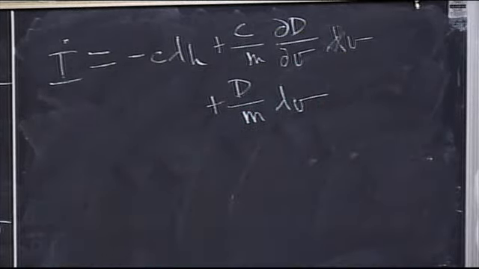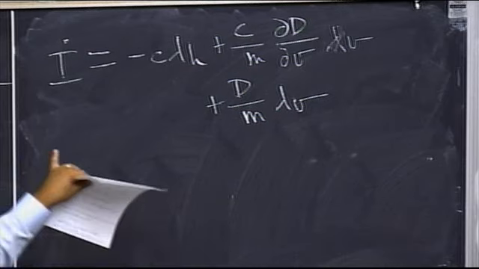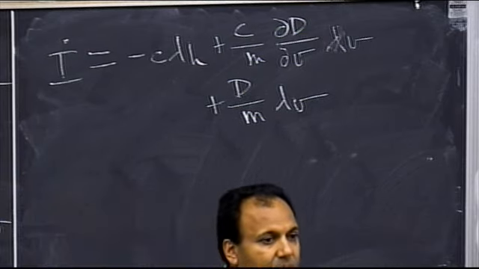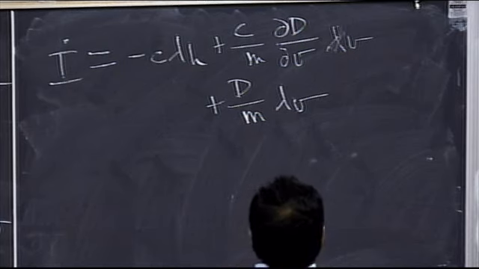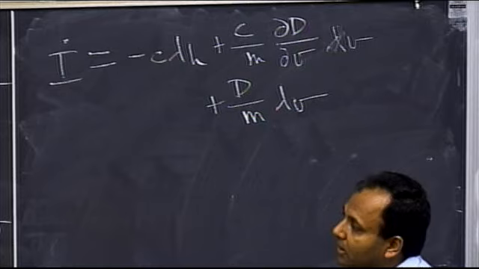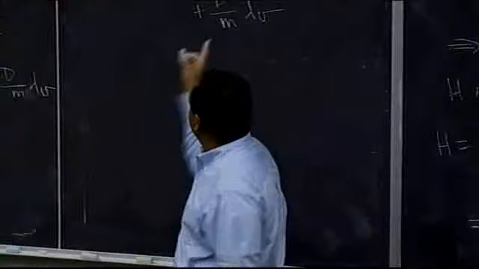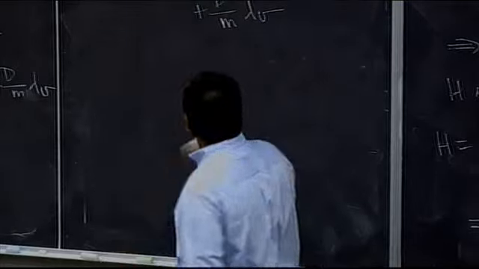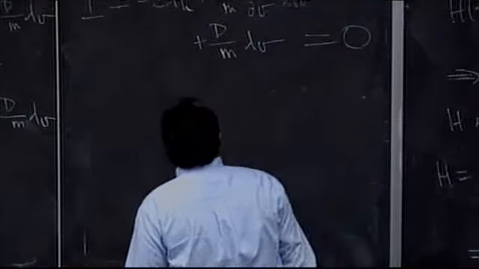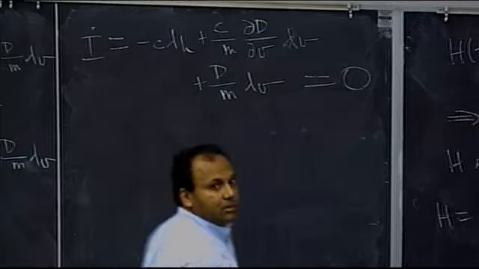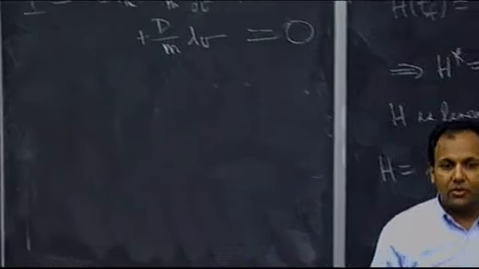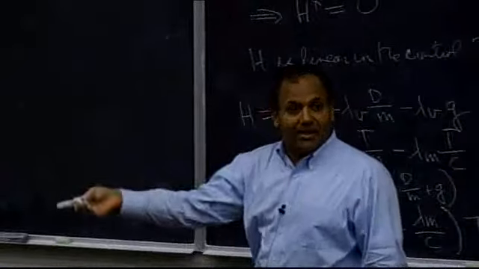So if I look at that condition, what do I know about I dot? What does it have to be on the singular arc? What's I on the singular arc? 0. So what's I dot on the singular arc? It's also 0, right? So this whole thing has to equal 0. Is this a function of the control? No, it's not a function of the control either, right? So you have to differentiate it again, right?